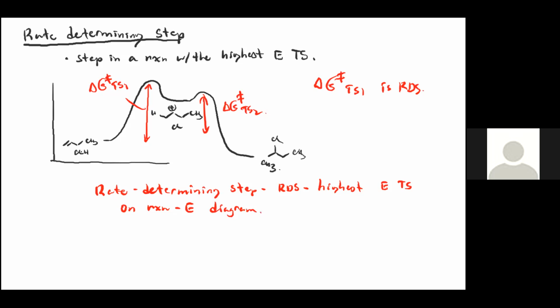Okay. And again, I just want to emphasize, it's not necessarily the first step. You can have transformations, for example, where you go from A to B, and then up to C, and then the barrier to TS2 is higher.